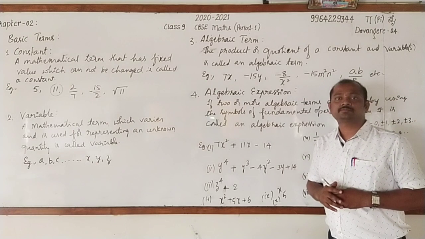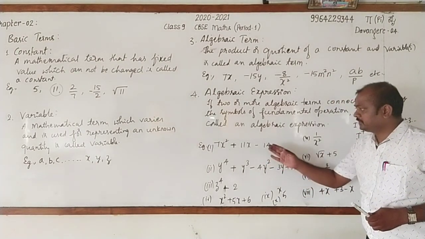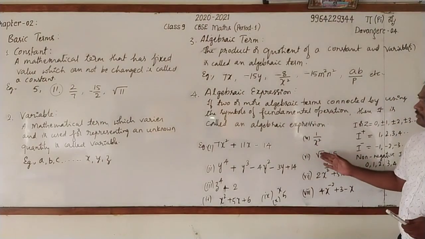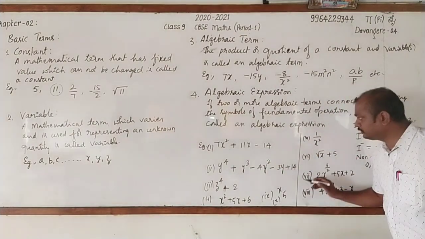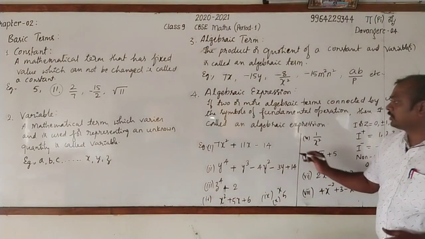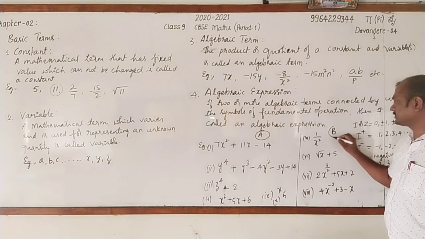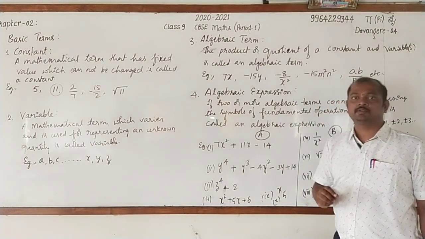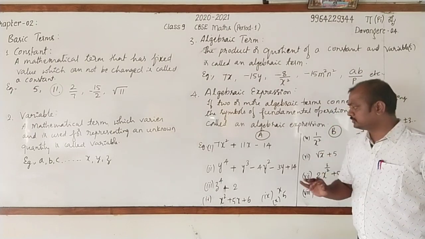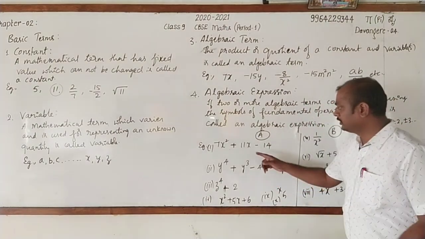Now, observe these. Whatever examples I have given for algebraic expressions, I am going to make them into two groups. Call the first one as A and the second group as B. Now I will give you a small task. You have to think and recall the answer to my question.